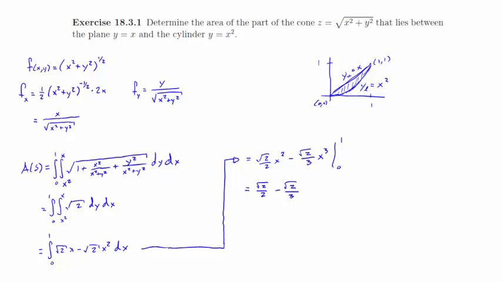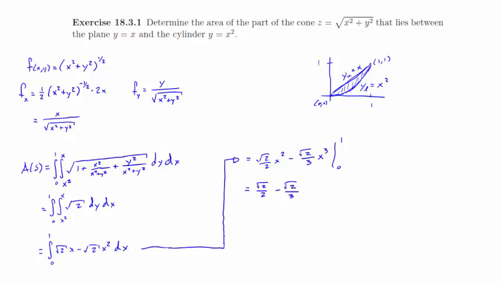So the inside of this simplifies down to just a 2, so this equals the integral from 0 to 1 of the integral from x squared to x of the square root of 2 dy dx. So this equals the integral from 0 to 1 of the square root of 2 x minus the square root of 2 x squared dx.